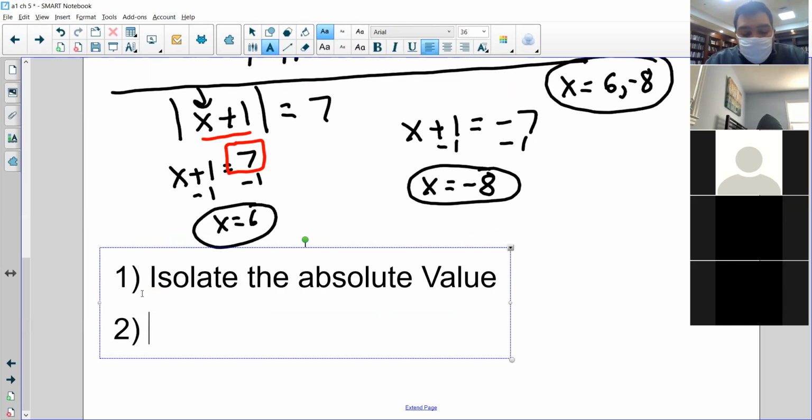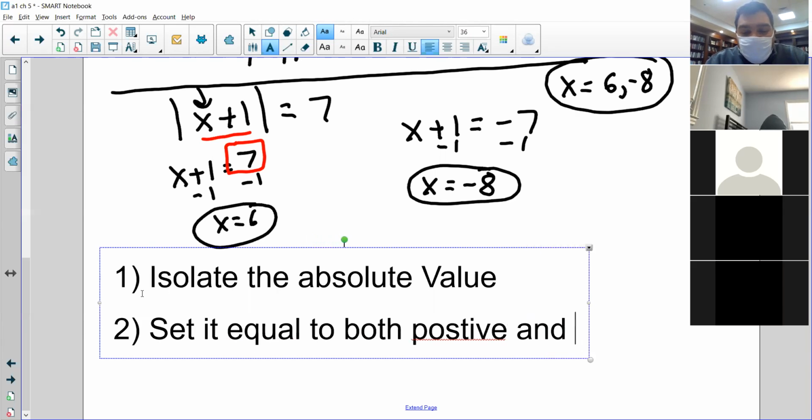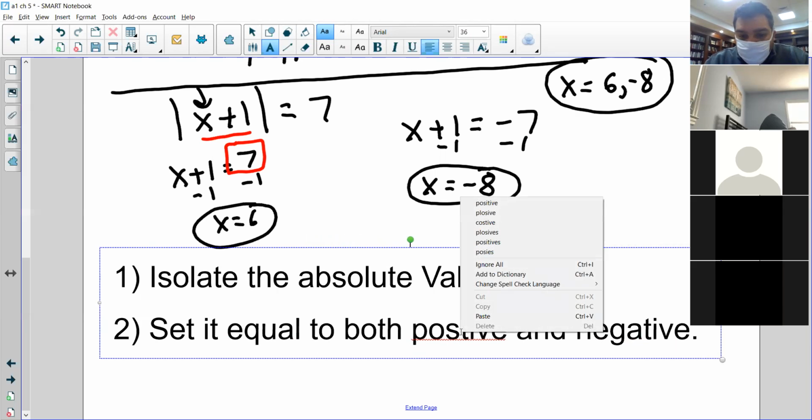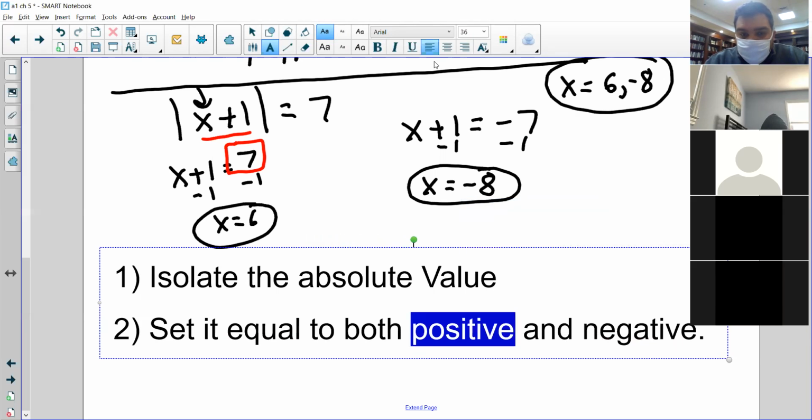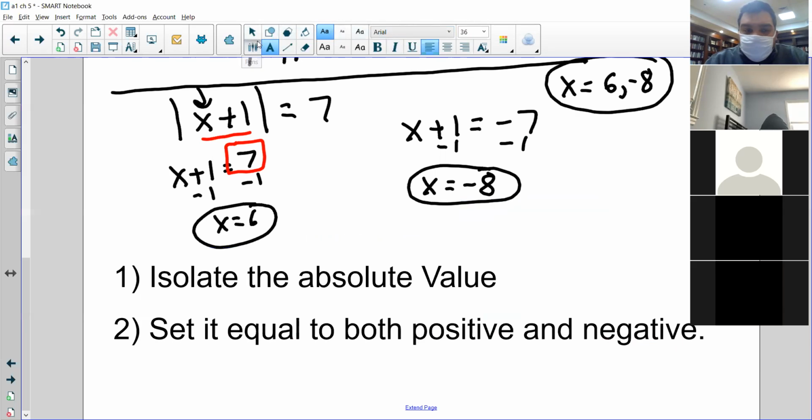Step 2, set it equal to both positive and negative. In the question above, we set it equal to positive 7 and -7.